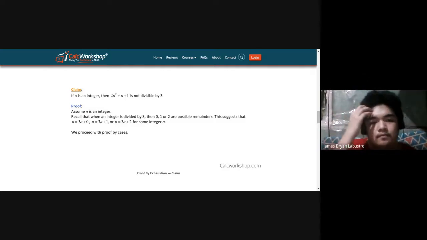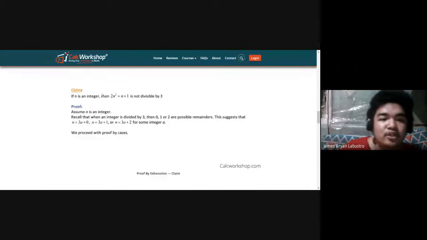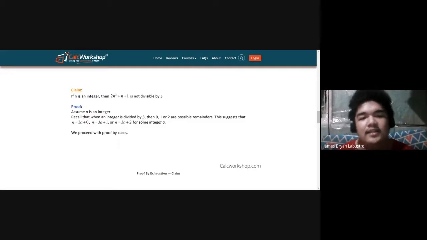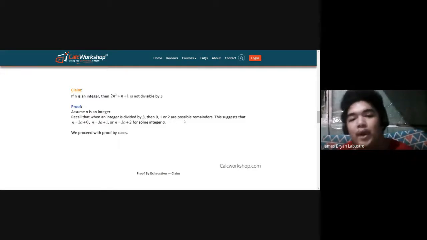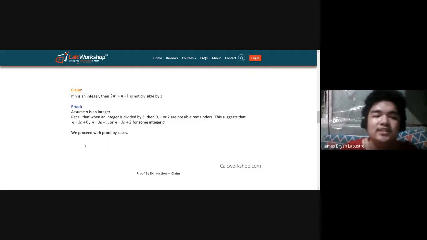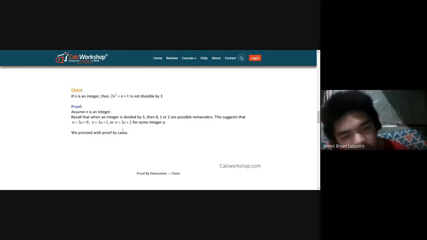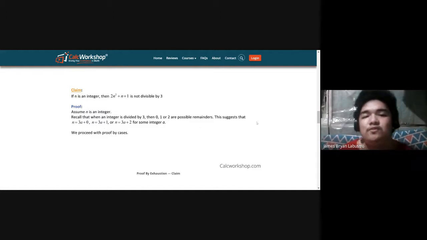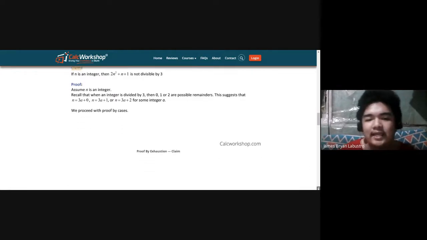We assume n is an integer. Then we recall that when an integer is divided by 3, 0, 1, or 2 are possible remainders, sa tatlong cases. This suggests that n is equal to 3a plus 0 or 3a, then 3a plus 1, and 3a plus 2 for some integer a. Then we proceed by proof by cases.